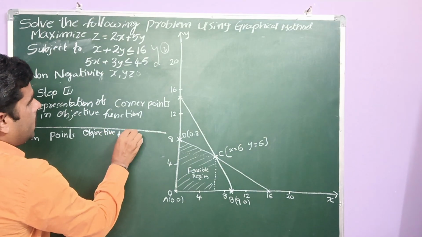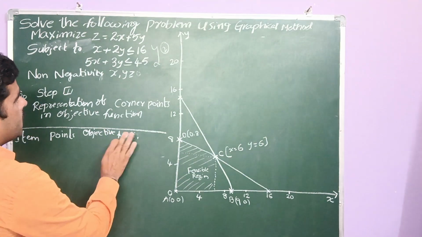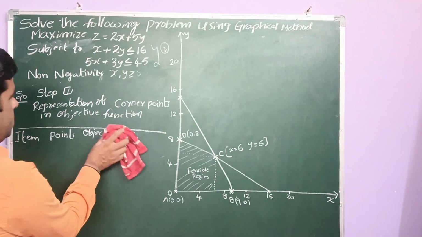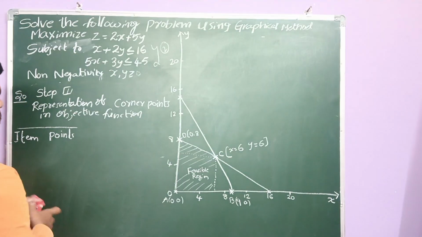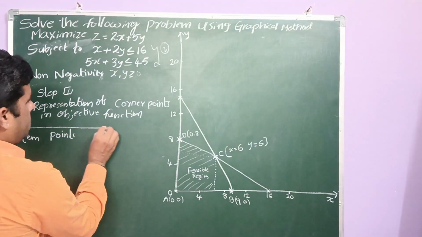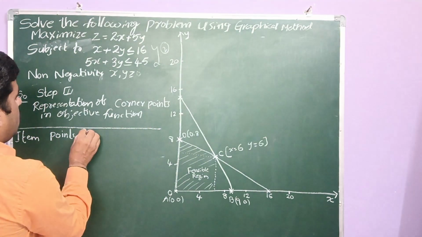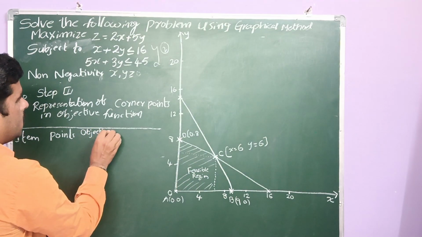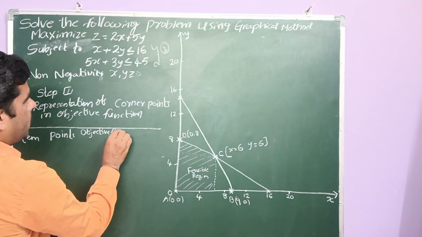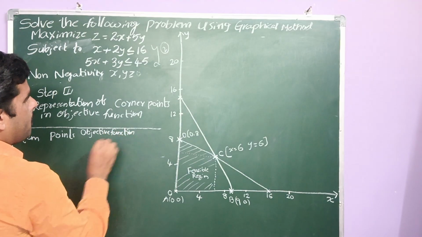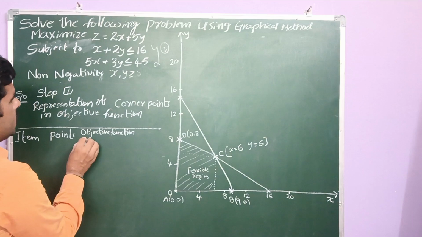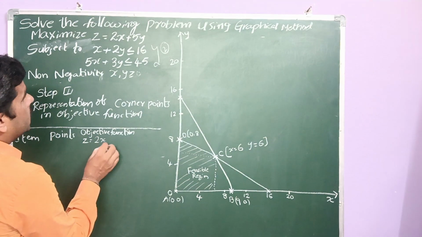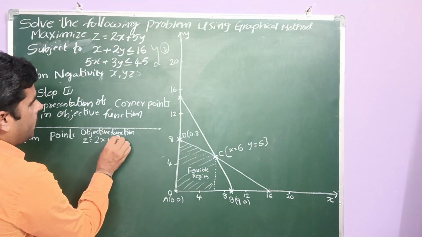Objective function: z is equal to 2x plus 5y.